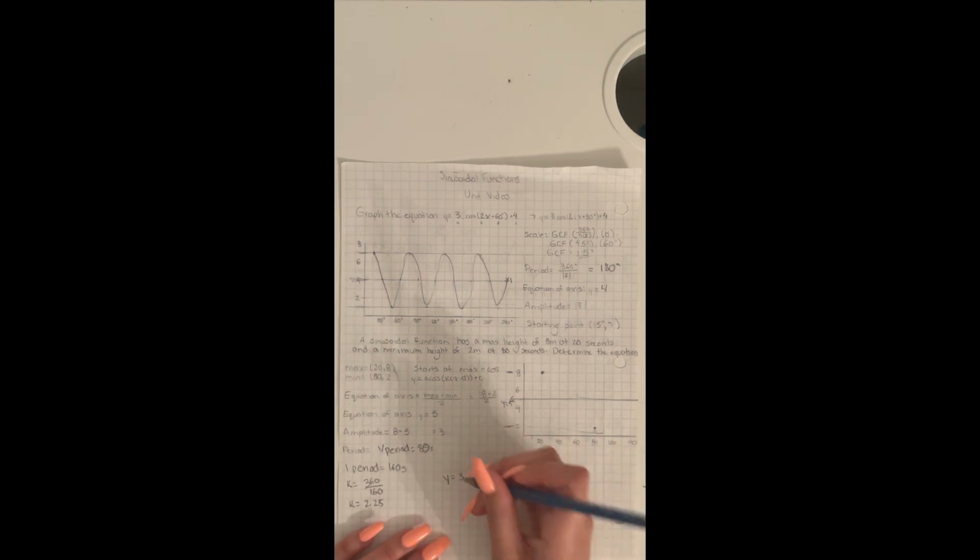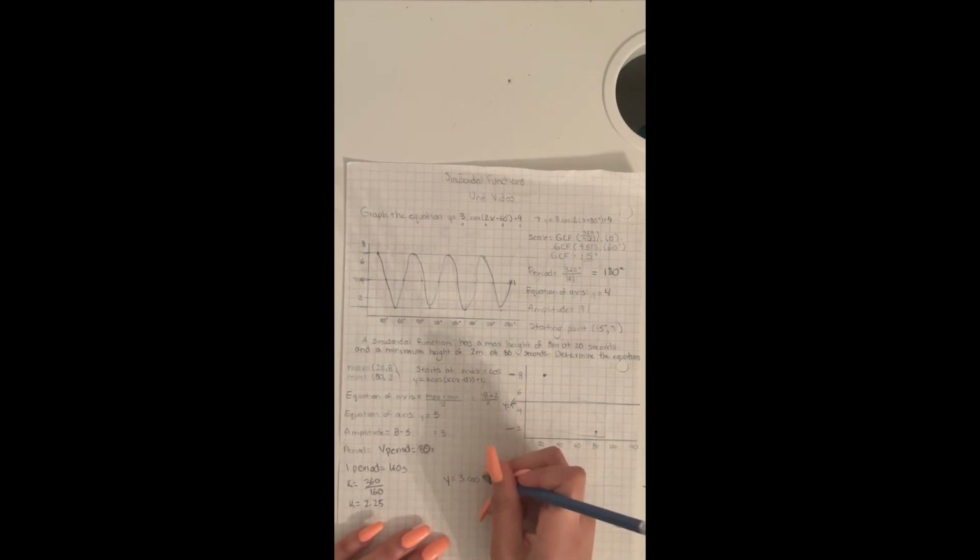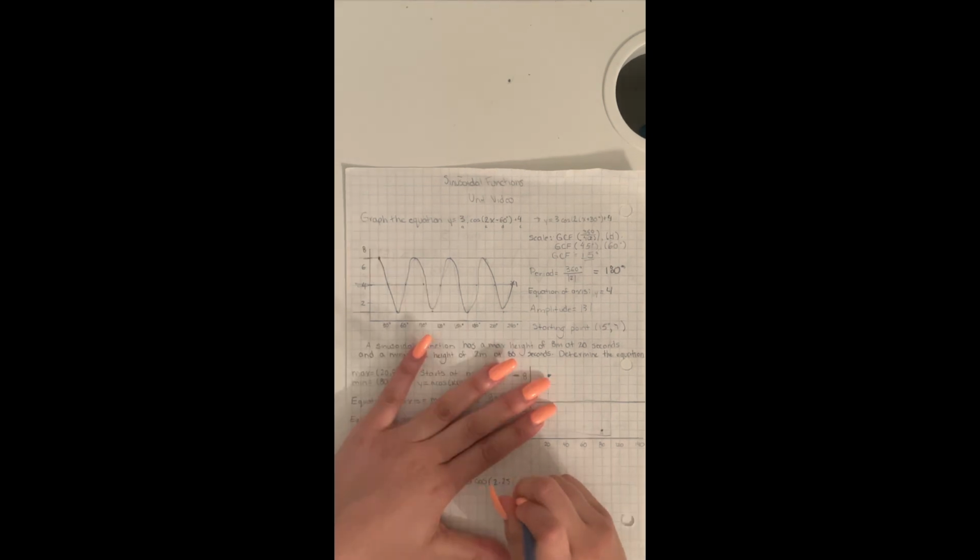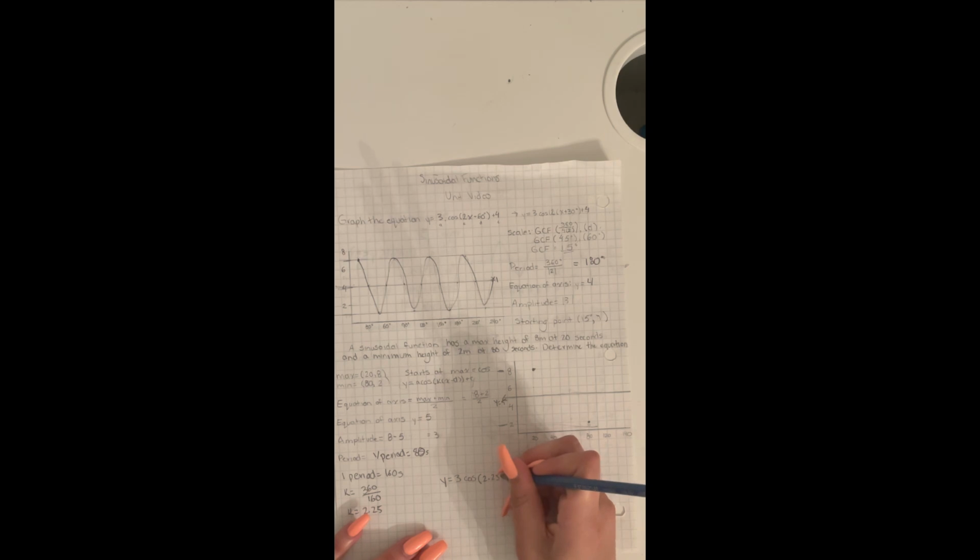So y is going to equal the amplitude, which is 3, times cosine of the k value, which is 2.25. There's no d value here, so it's going to be 2.25x, and then plus 5, because it's going up by 5. So this is going to be our new equation for this graph.